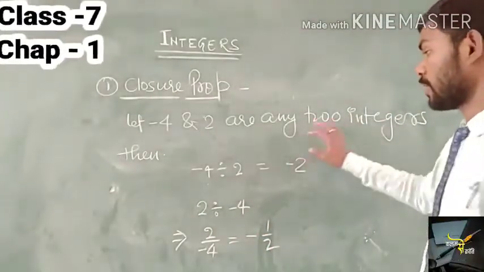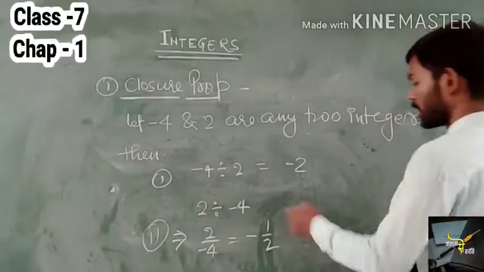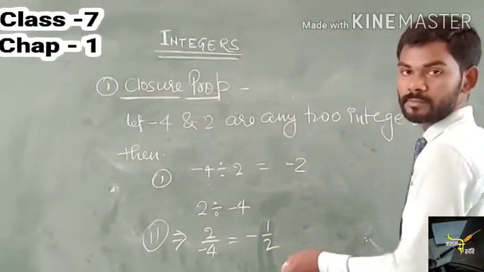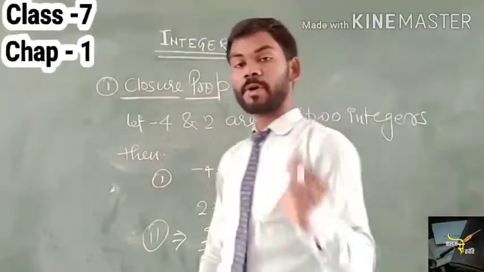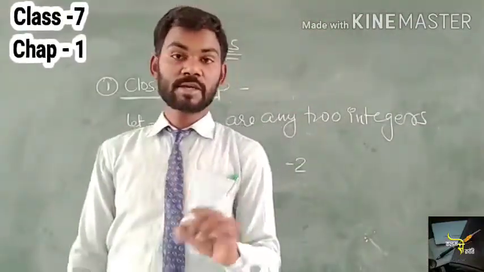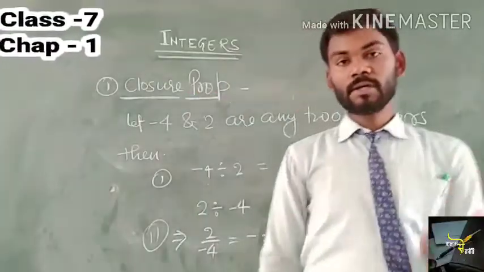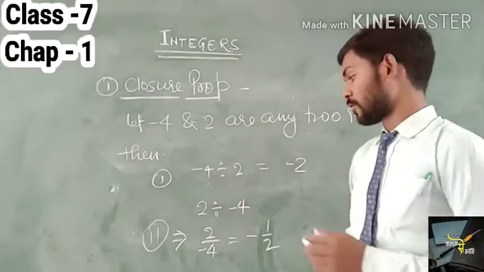Okay, so in the first case and in the second case, we can see that both are unequal, but the commutative property says that the result will be the same if we change the order of the numbers. But here nothing like that.